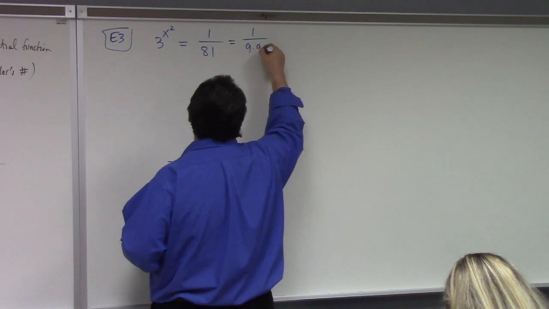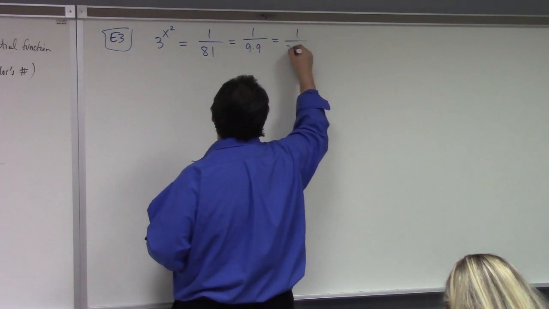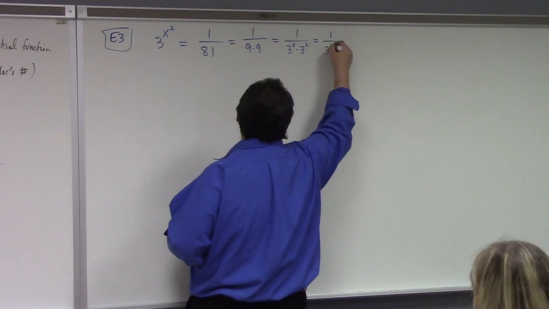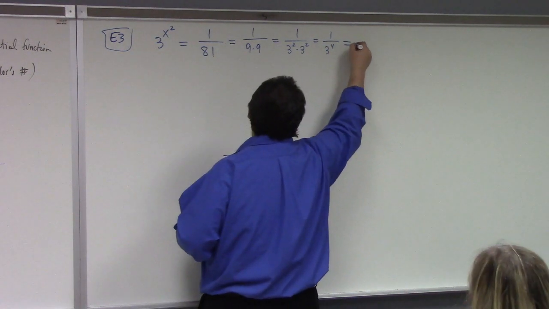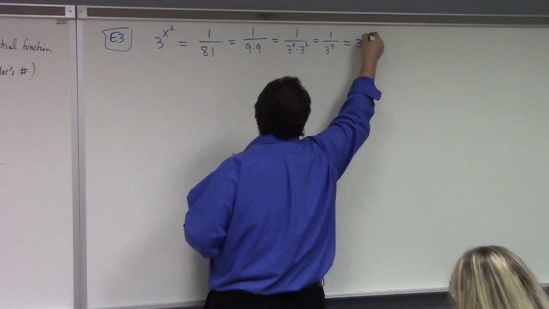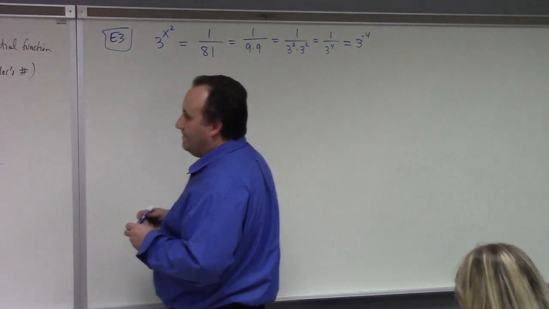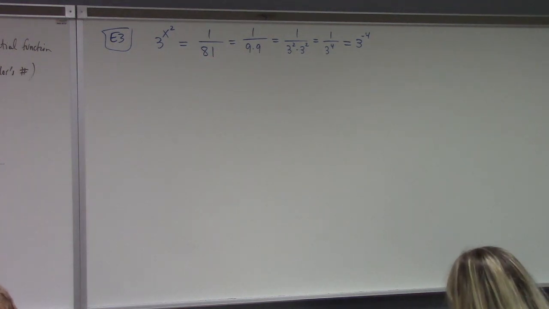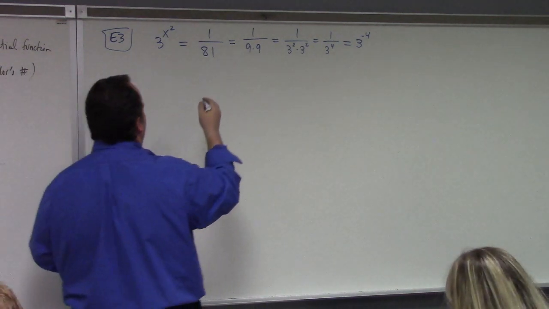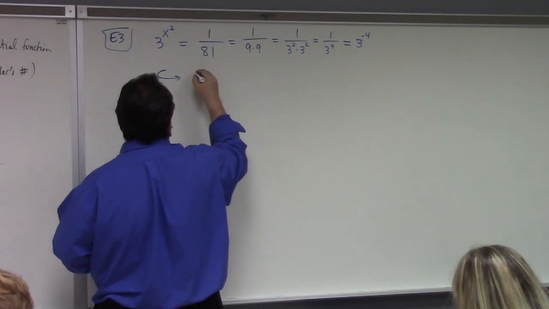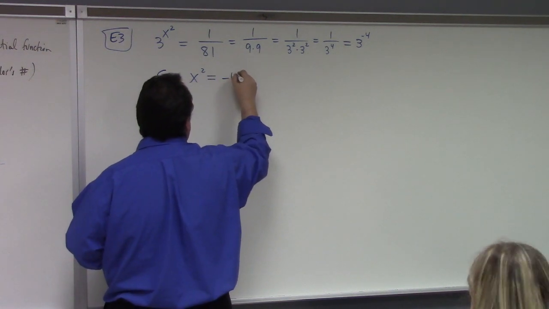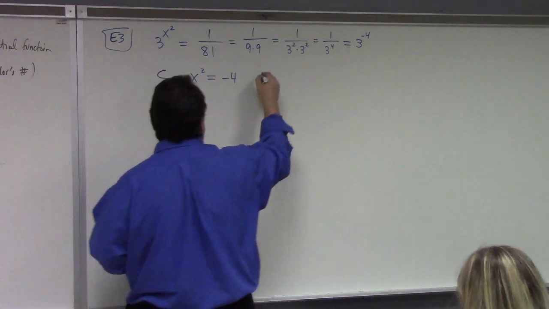Which is 3 squared times 3 squared, right? Which is 3 to the 4th, so 1 over 81 is 3 to the minus 4, right? Ooh. This one's kind of funny, isn't it? The one-to-one property here would tell us what? x squared equals what? Negative 4. Ooh. So no solution.